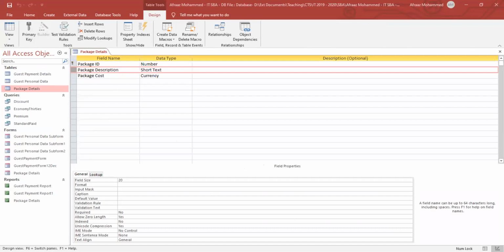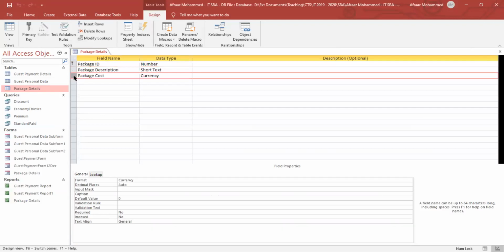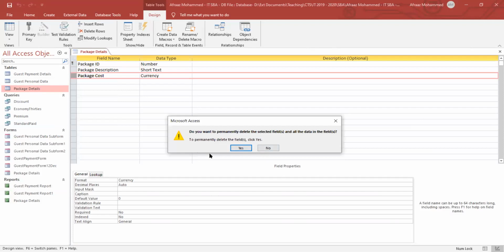The next thing they said is select the row to be deleted and right click. So you select the row. Let's say you want to delete package cost. You select it, right click, and then you have the delete row option, and you see you're prompted if you want to delete the fields or not, and then you select yes to delete it.